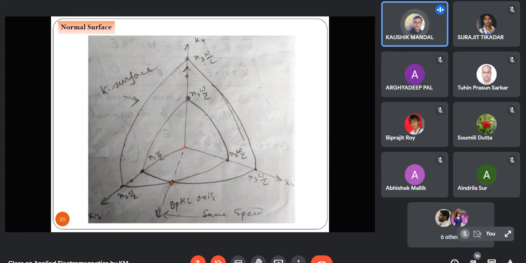So the wave propagating along this particular line will exhibit the same speed, because only one phase velocity will be faced by this particular wave, as the k value is one. But if the wave is propagating in other directions, it will face two different k values at two different crossover points, and the phase velocities are different.